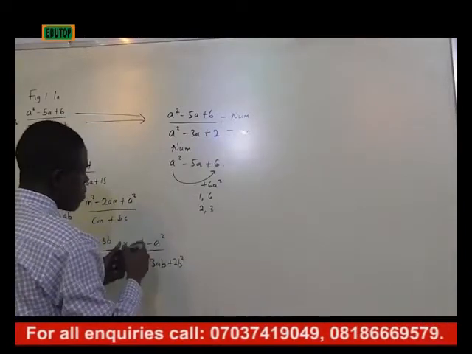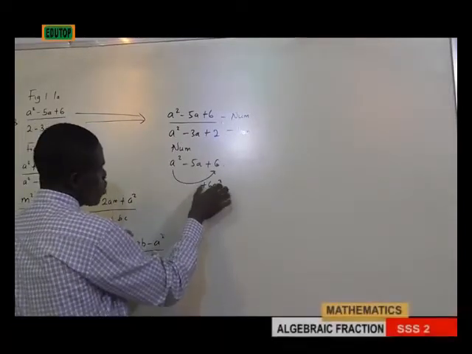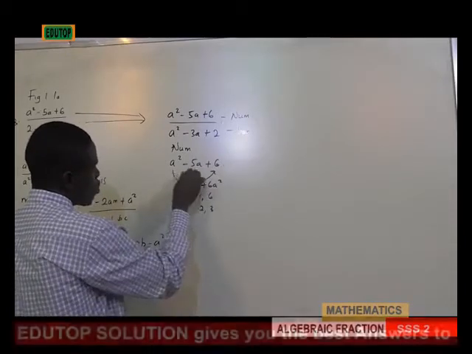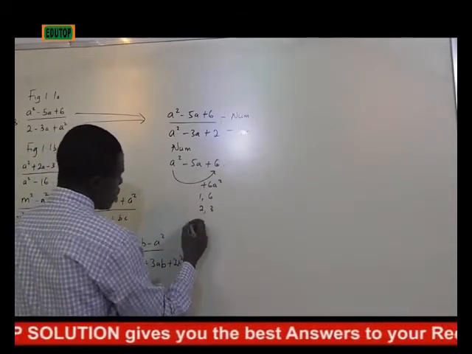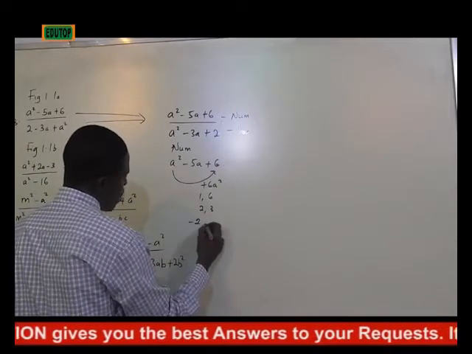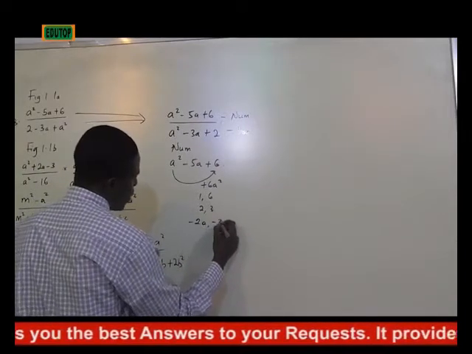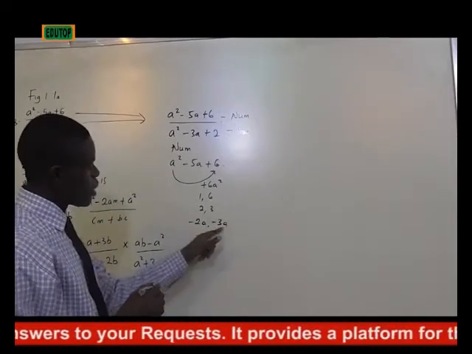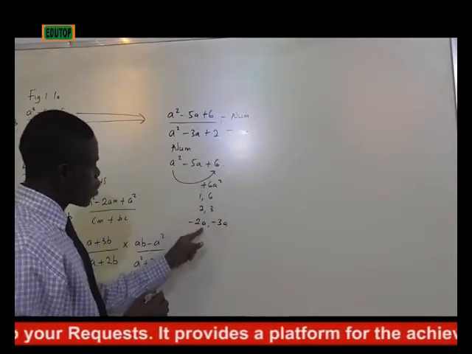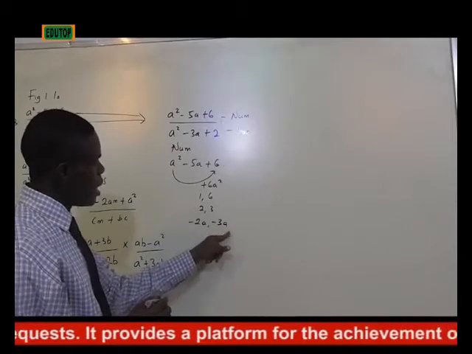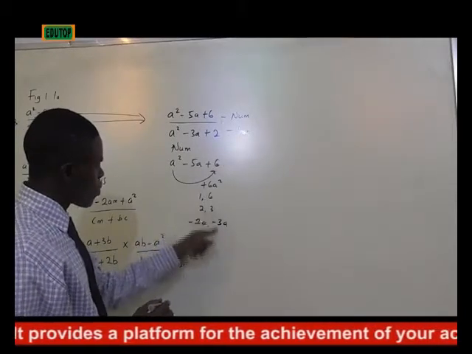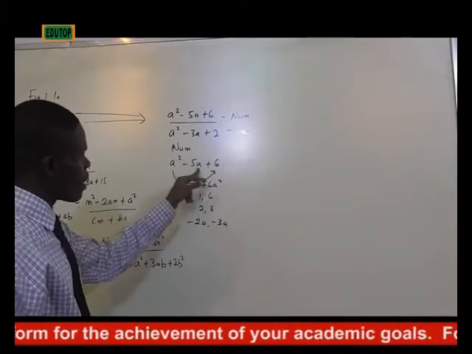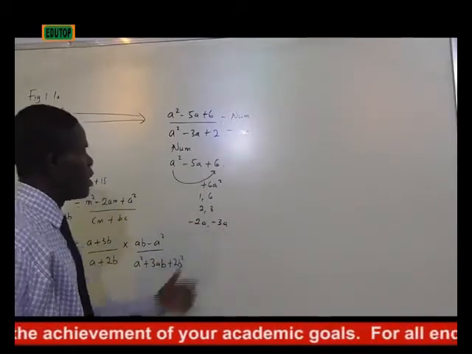Which one will give, the product will give us this one, and the addition or subtraction will give us this one in the middle. There is no other one than this, minus 2a minus 3a. Minus 2a minus 3a will give us minus 5a. Minus 2a times minus 3a will definitely give us plus 6a squared. So anywhere I see my minus 5a, I will replace it with this.